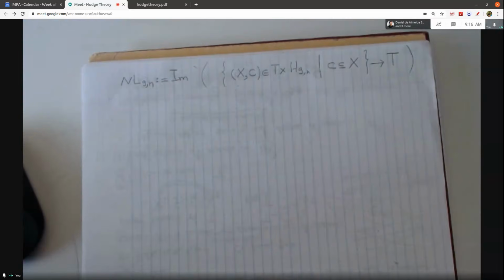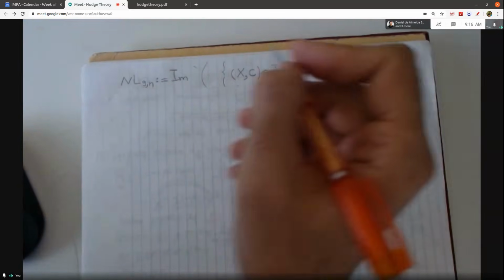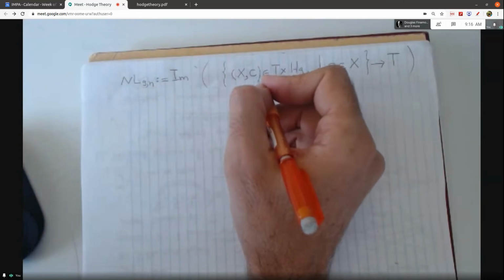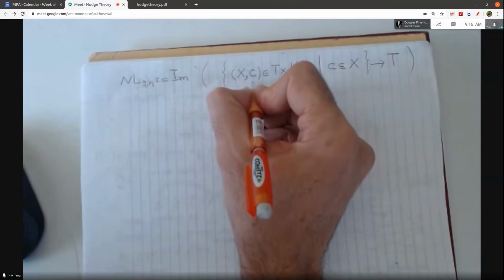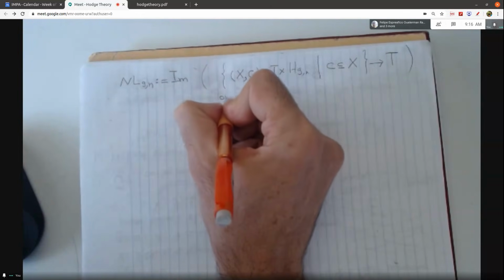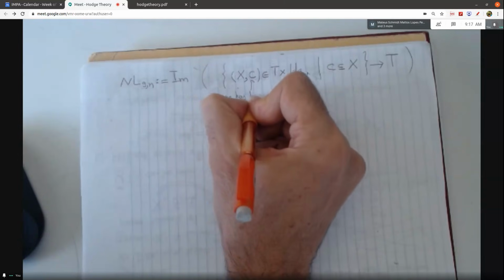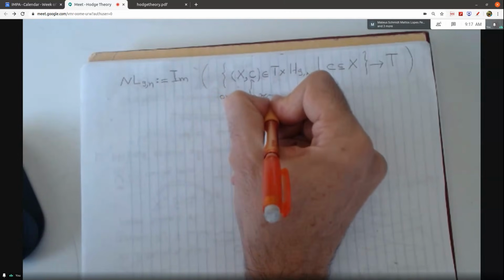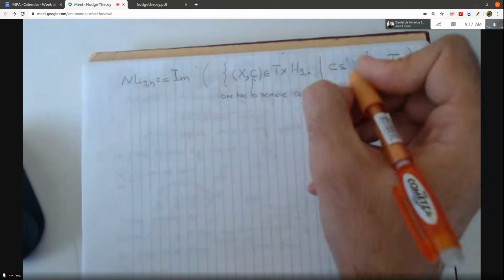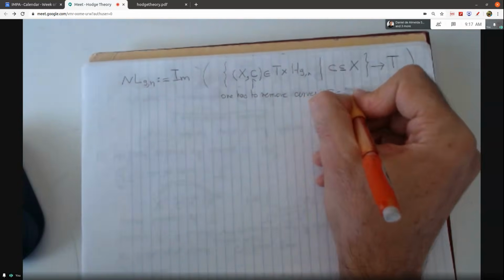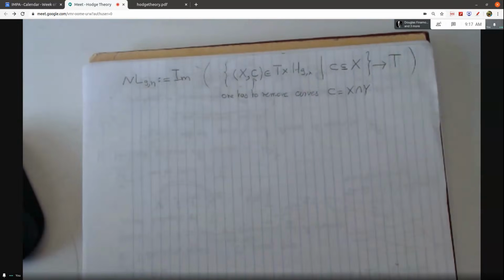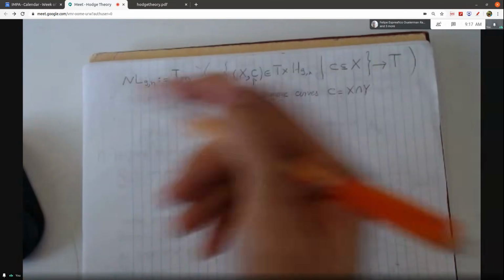And something that I have to be a little bit careful about: at the end, I don't want complete intersections. So here I have to say one has to remove curves, let's say C, which are complete intersections with another surface, the one that is stated in the Noether-Lefschetz theorem.